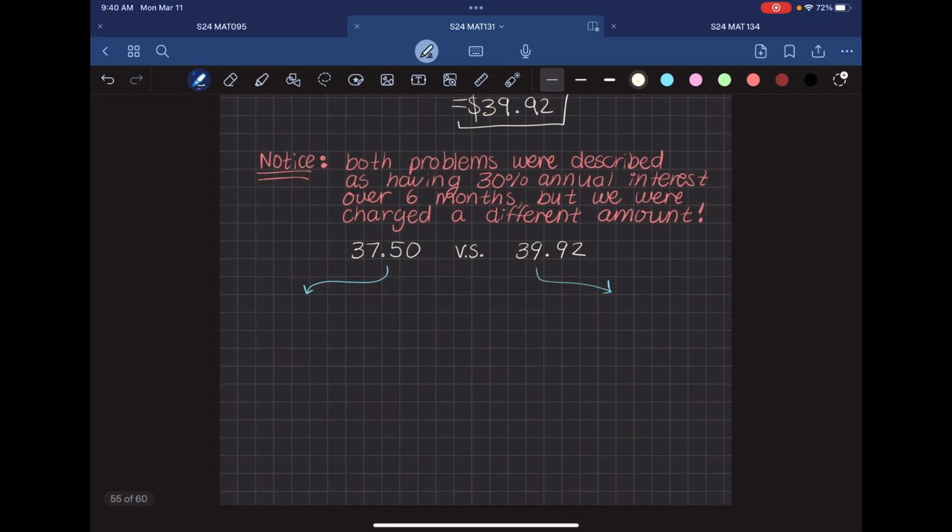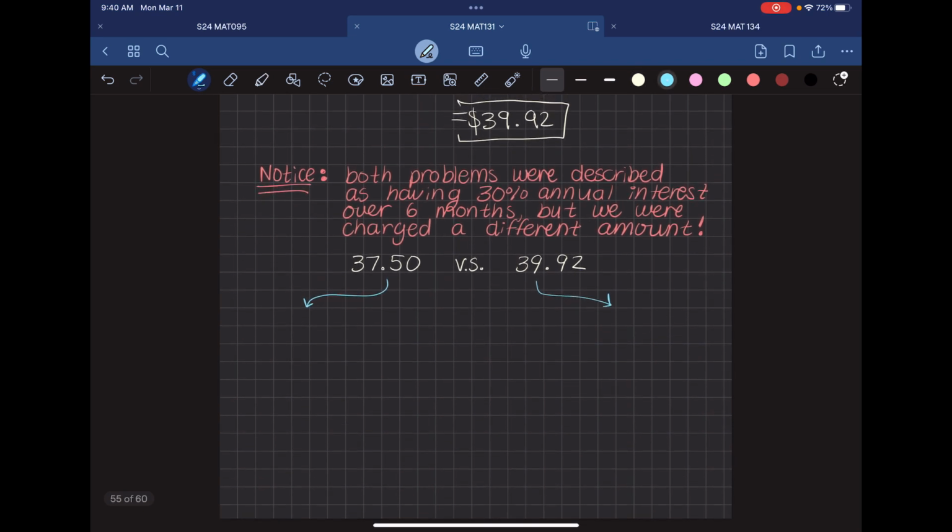So in one situation, the simple interest, we earned $37.50, but for compound interest, we earned $39.92.